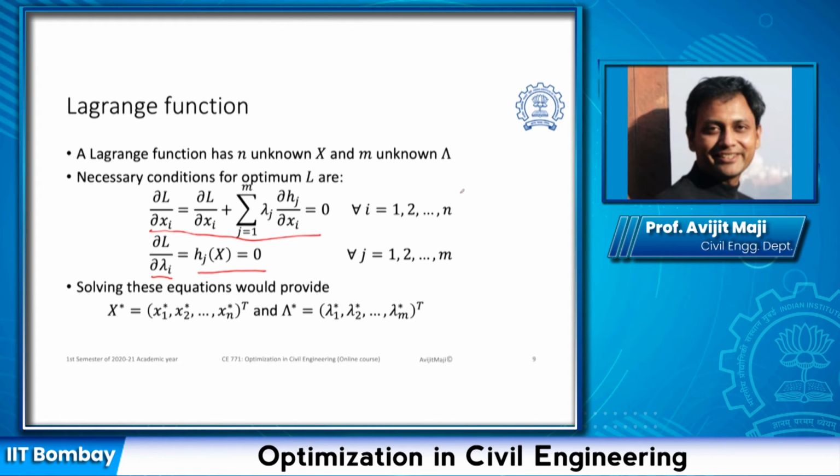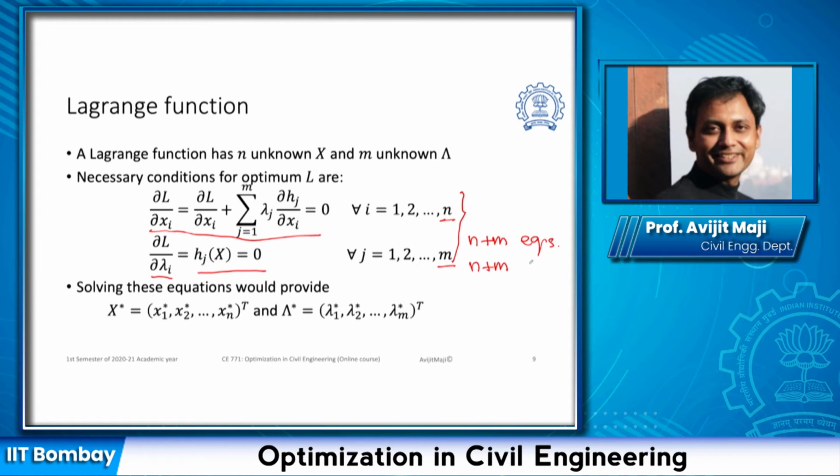In these equations, we have n equations from this and m equations from this. So in total we have n plus m equations, and our unknowns are also n plus m.